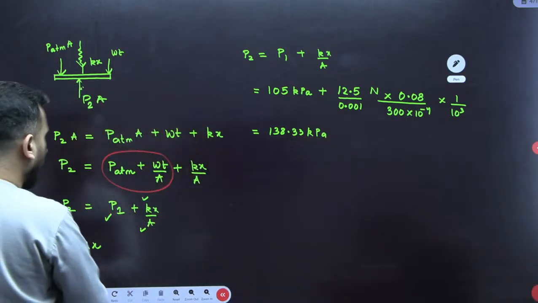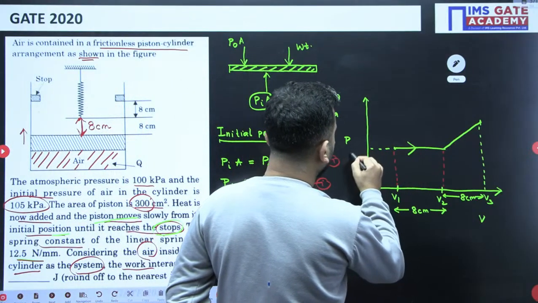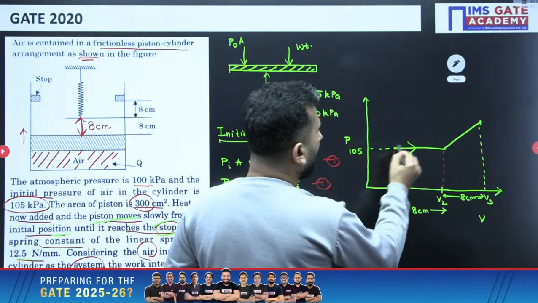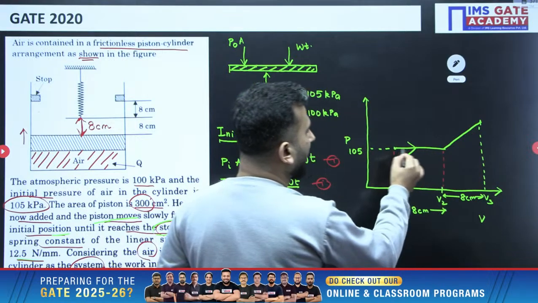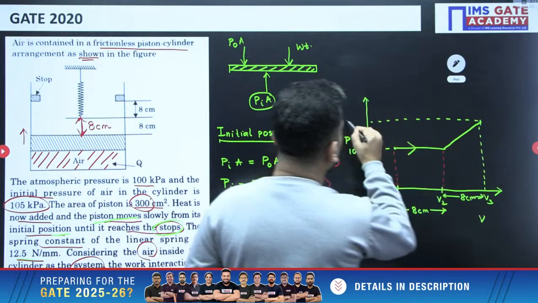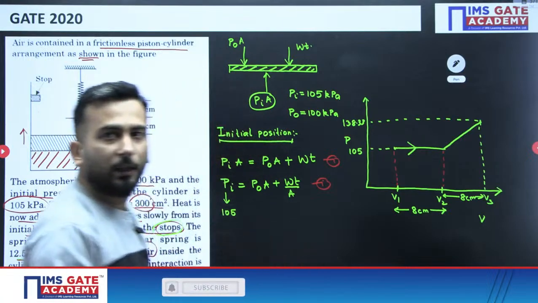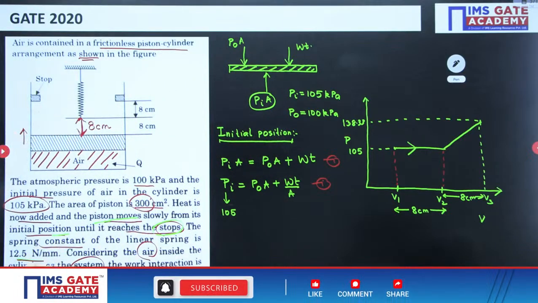That means I know what the final pressure is going to be. Till V2 it was constant pressure at 105 kPa. Now when it reaches the stop, it will be 138.33, right? Why did I find the pressure?